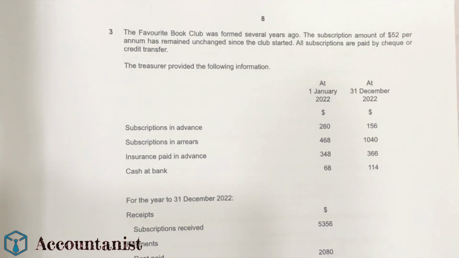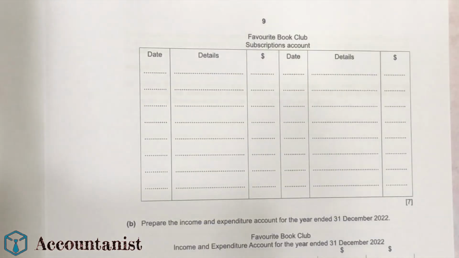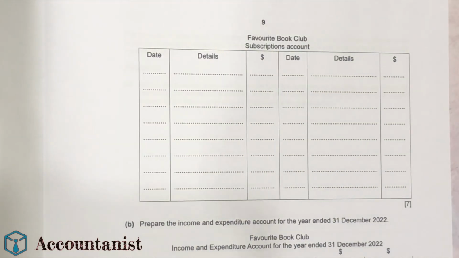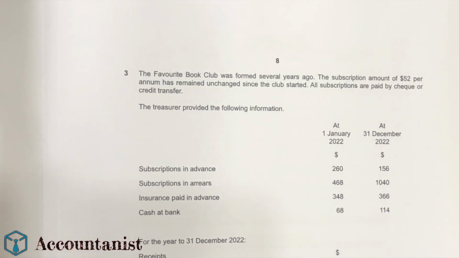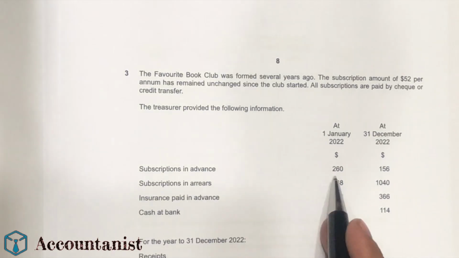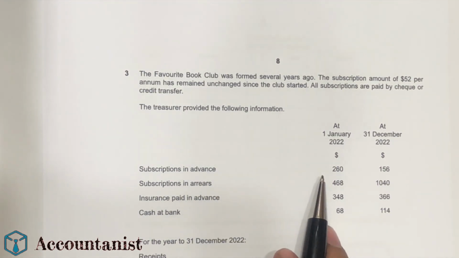So let's move on. On the next page we have the format, the subscription account. So we always write down the opening balances first. We have subscription in advance, that is a liability, because subscription is income, so income prepaid is a liability.